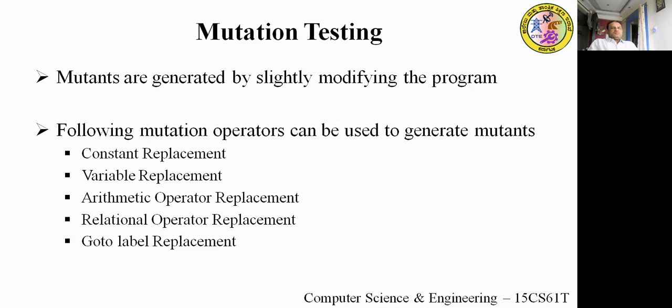The following mutation operators can be used to generate mutants: constant replacement, variable replacement, arithmetic operator replacement, relational operator replacement, go to label replacement. Fine. That is about mutation testing.